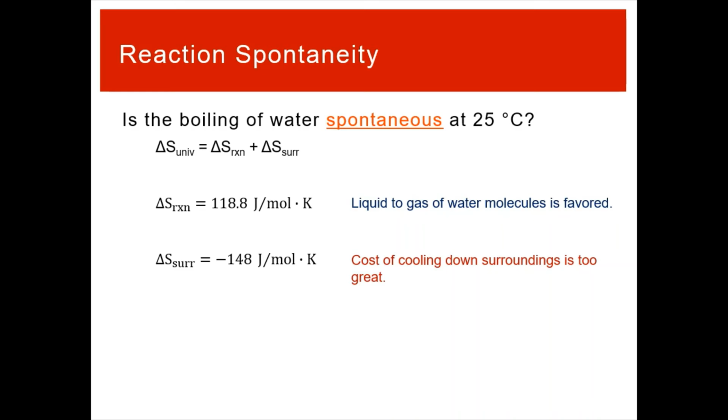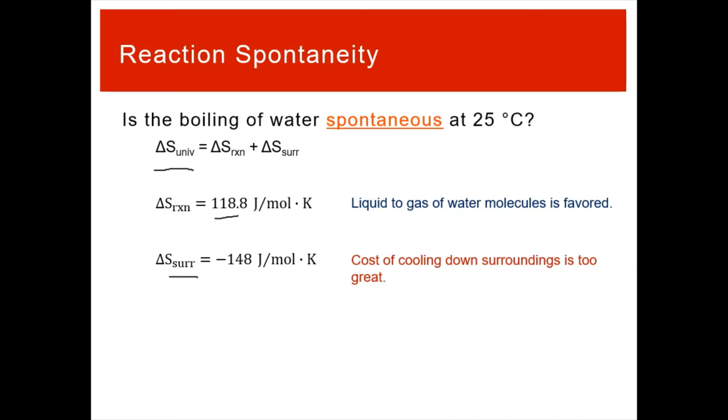That cost of decreasing the entropy by cooling down the surroundings is too great. Yes, you would get some benefit from having the liquid go to a gas. Those molecules would have a local increase in entropy, but the surroundings would have a larger decrease, and that is not okay when they combine together into the change in entropy of the universe.